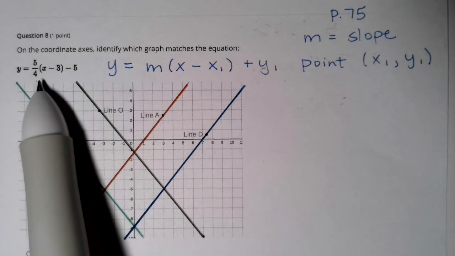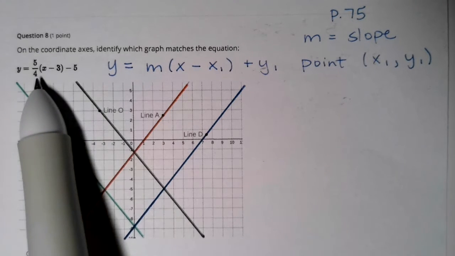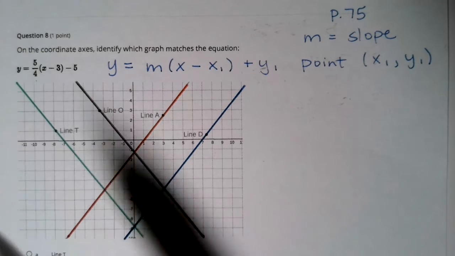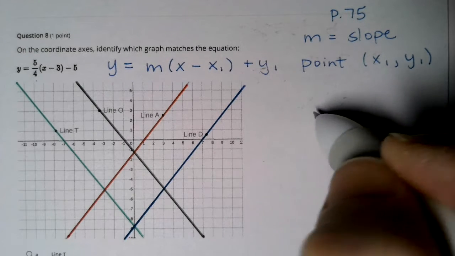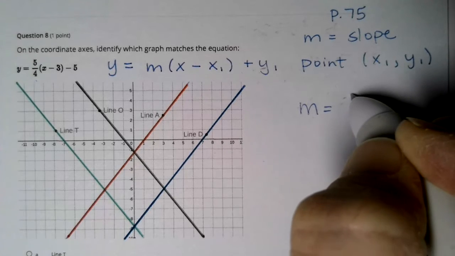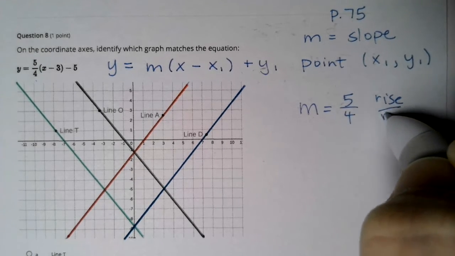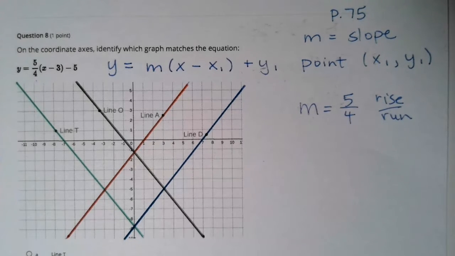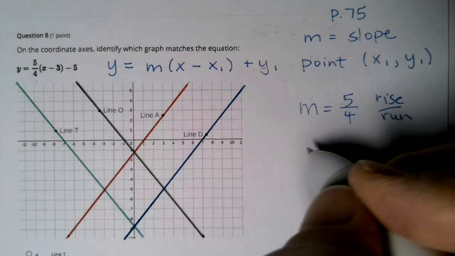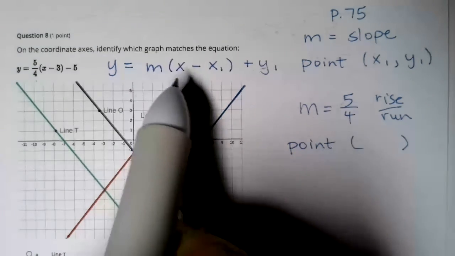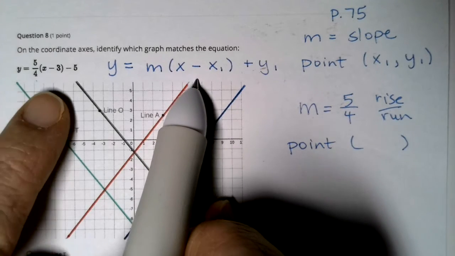If I look at this question, the number in front of my parentheses, the number being multiplied in front of x, is 5/4, and that is my slope. Remember, that is going to be my rise over run as I'm plotting that. And my point is going to be matched up here.